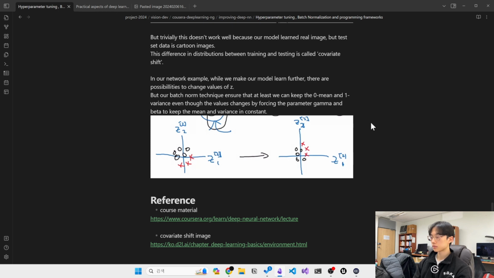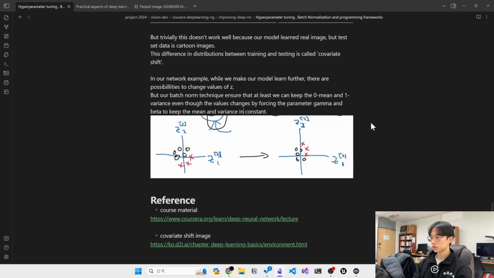Here, the estimates of the mean and the standard deviation are noisy. And so similar to dropout, batch norm therefore has a slight regularization effect, because by adding noise to the hidden units, it's forcing the downstream hidden units not to rely too much on any one hidden unit.